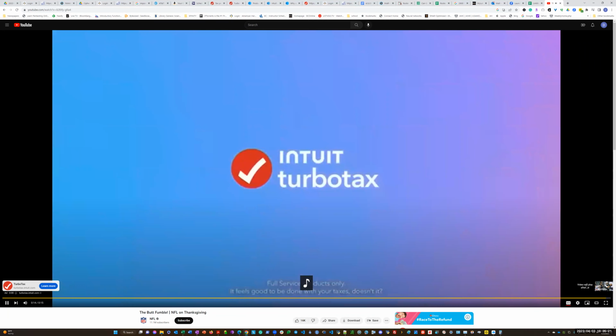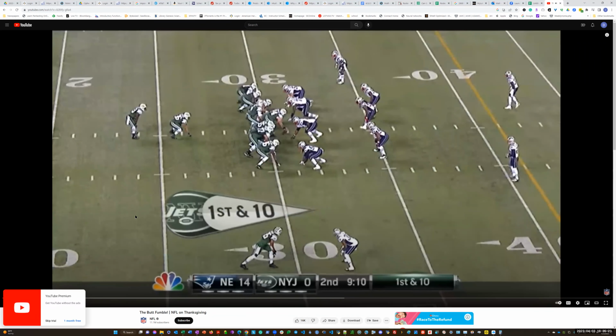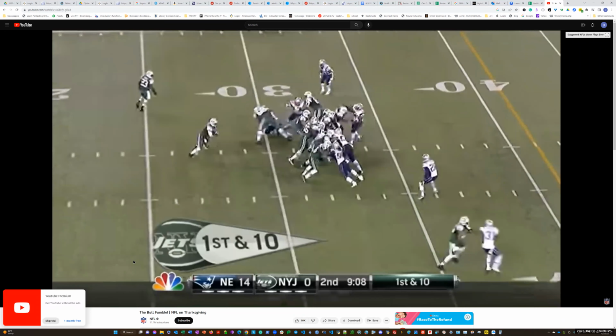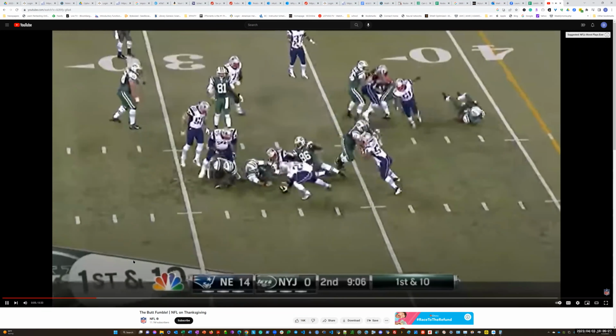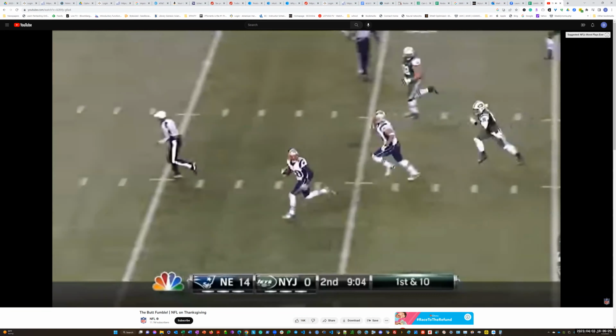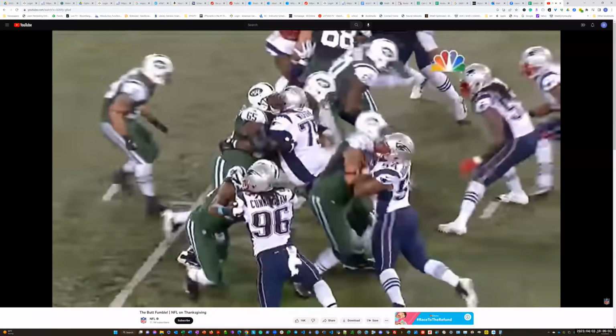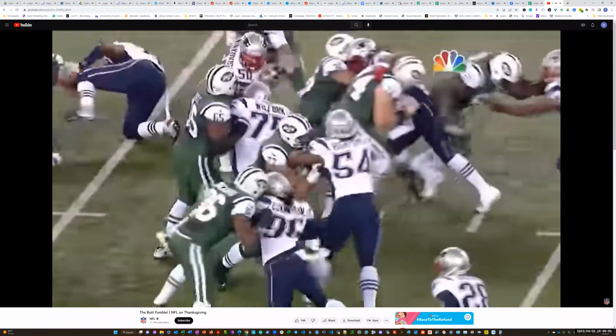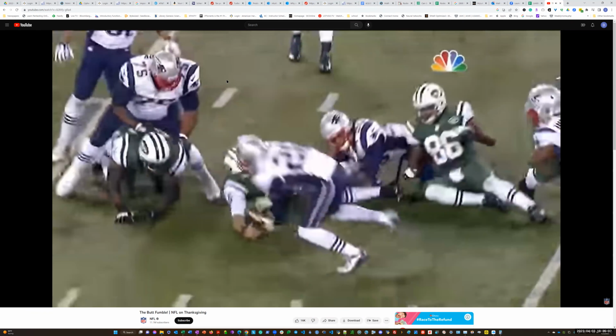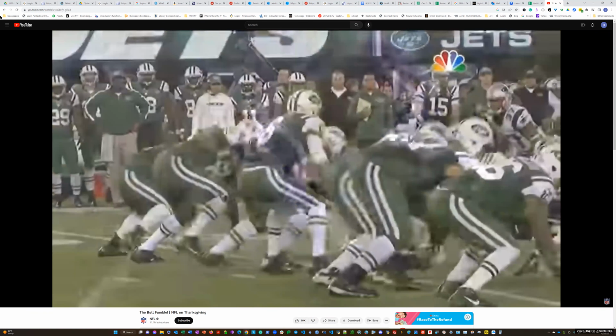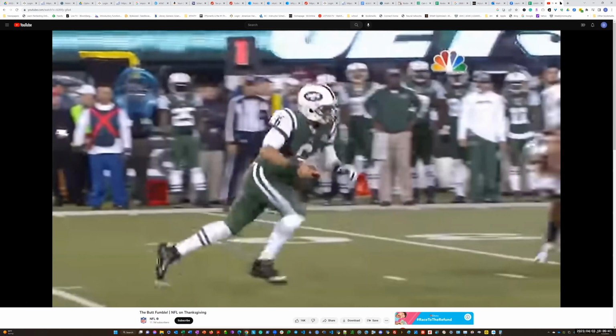The last good quarterback the Jets had, other than Brett Favre. Brett Favre only played there for 1 year, and then he was already done. But anyway, so the Jets kind of suck.